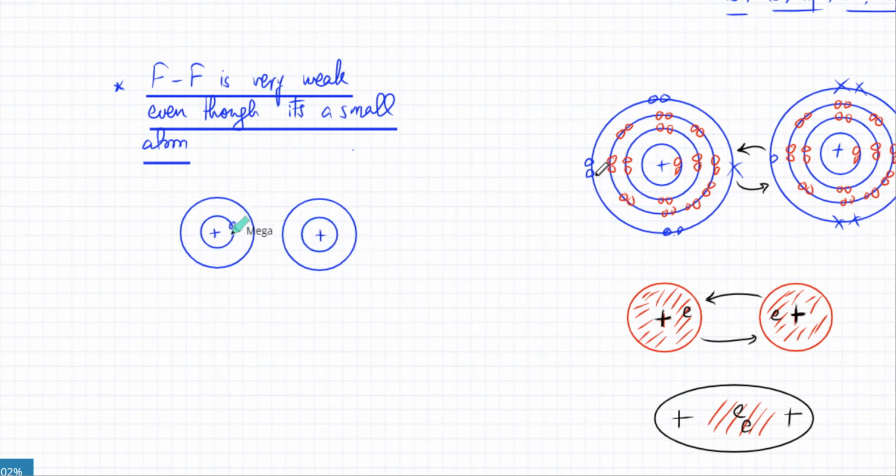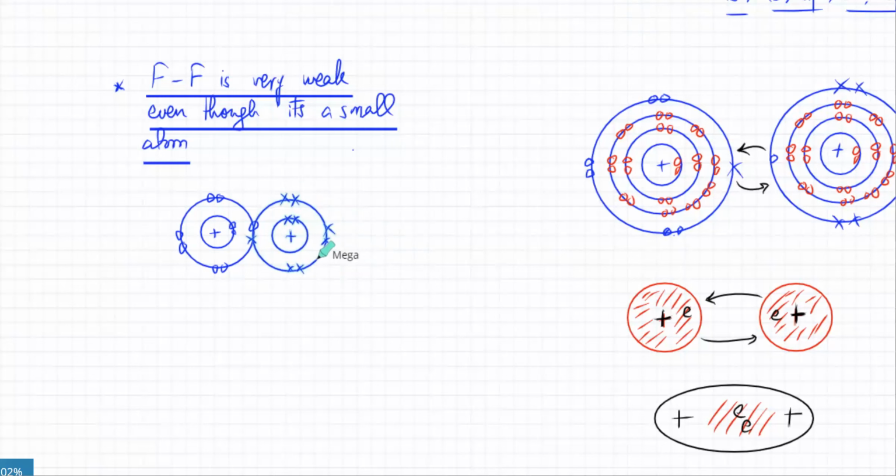So this one has a total of 9 electrons, 2 and 7. This one also has a total of 9 electrons, 2 and 7. They both should, because they're very close to each other, preferably attract each other's electrons, very, very strongly.